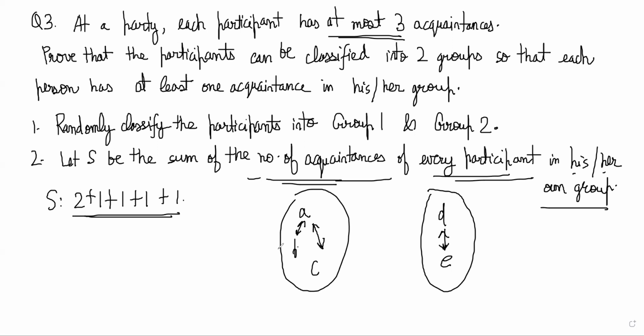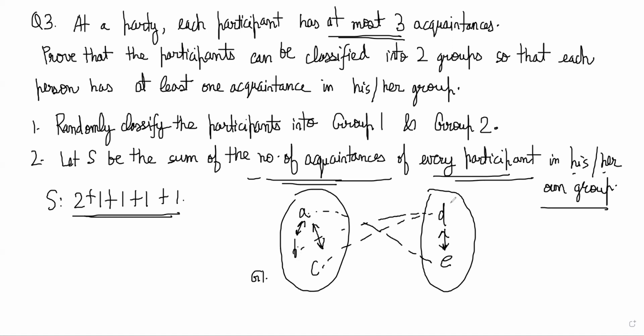Here we are not counting, maybe perhaps A knows E, or perhaps D knows C and B knows D, right? Those are not taken into account. For group 1, we will count each person knowing how many people in the same group. That will be the number assigned to each person. Similarly, for A it is 2, B is 1, C is 1.